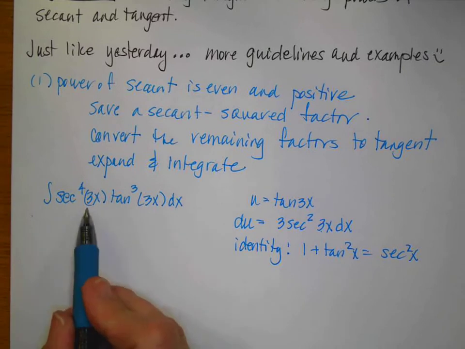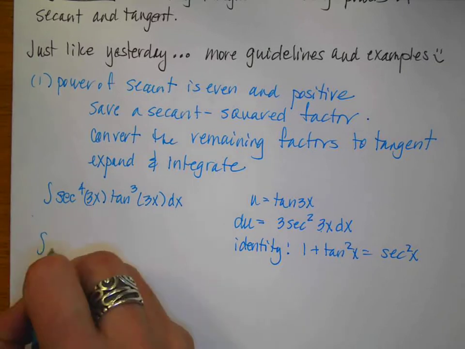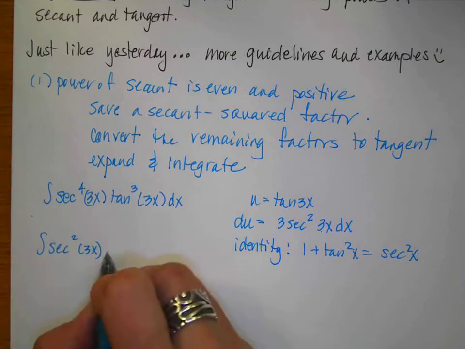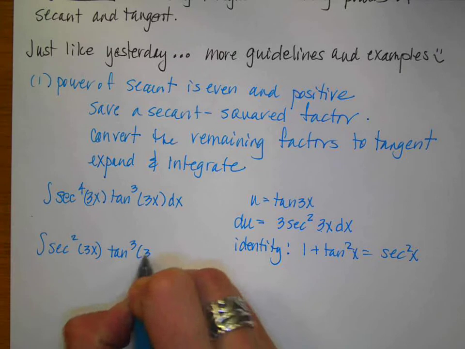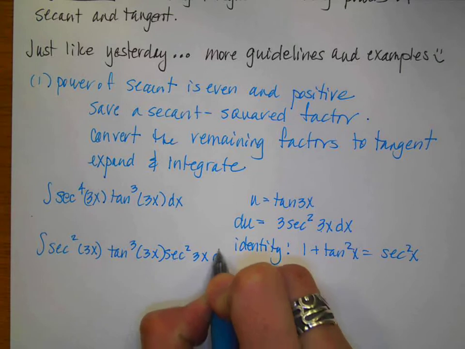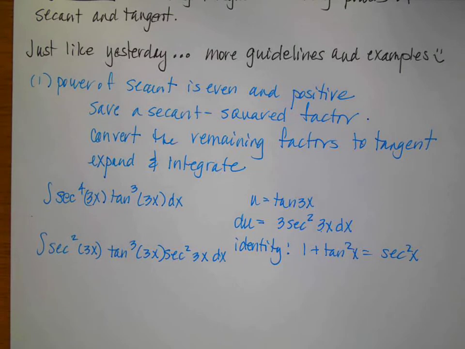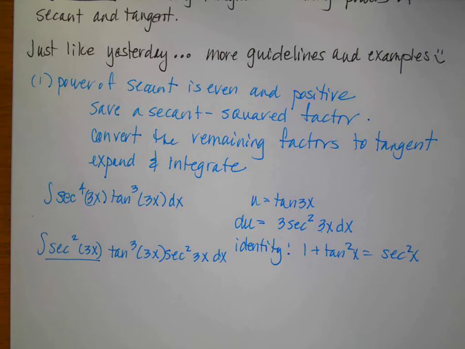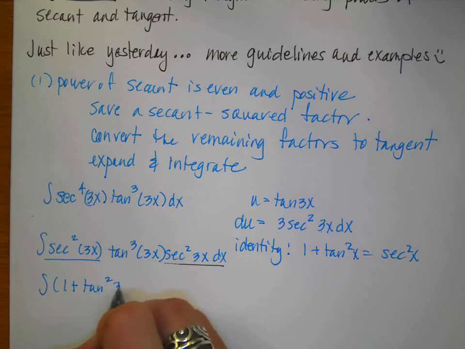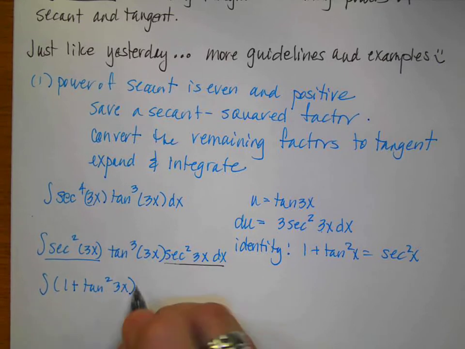Alrighty, so then what I'm going to do is rewrite this guy. So this is going to be secant squared of 3x, and then I'm going to have my tangent cubed of 3x. Here's the other secant squared of 3x, and then finally my dx. Okay? Then I'm going to rewrite this guy. I'm going to save this guy for later. So if I rewrite this one, I'm going to end up with 1 plus the tangent squared of 3x, and that's using my identity.